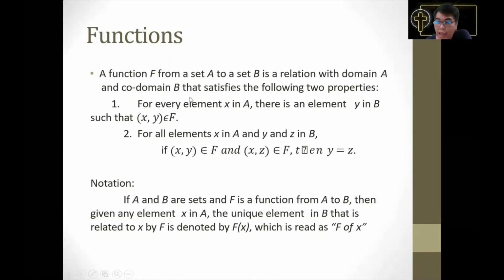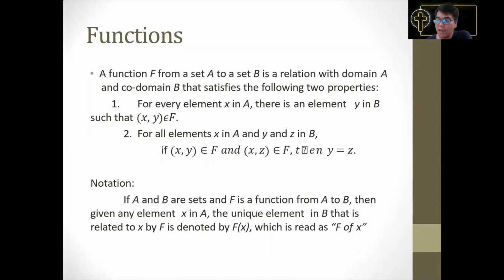Again, every element x in A, which means all the values of A must be used. Next, for all elements x in A and y and z in B, if (x, y) is an element of f and (x, z) is an element of f, then y is equal to z.